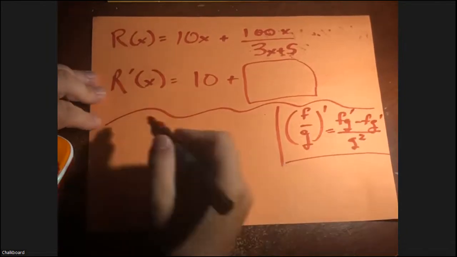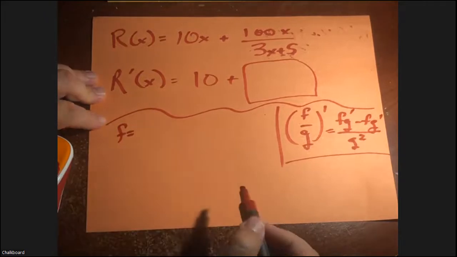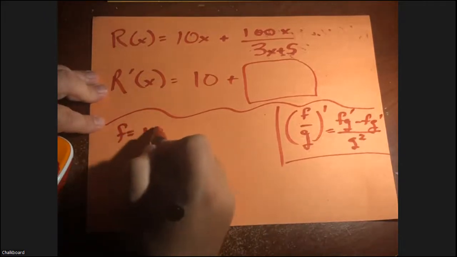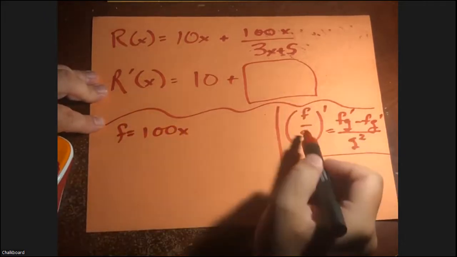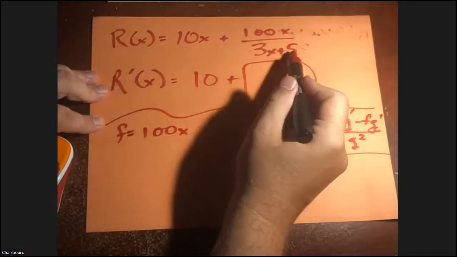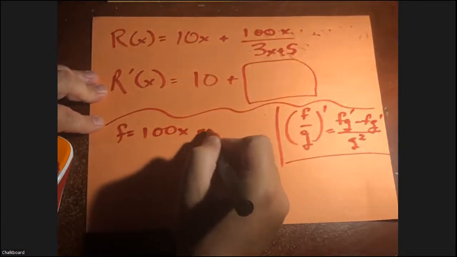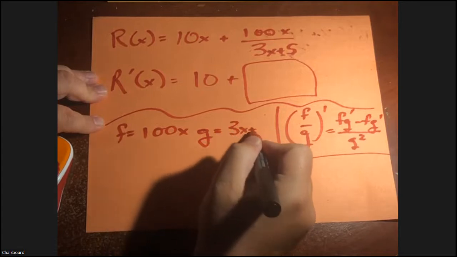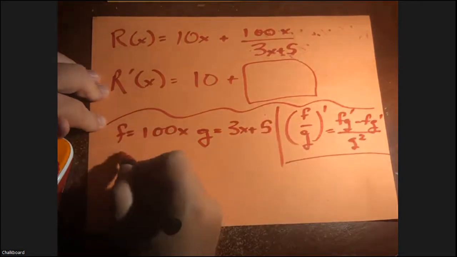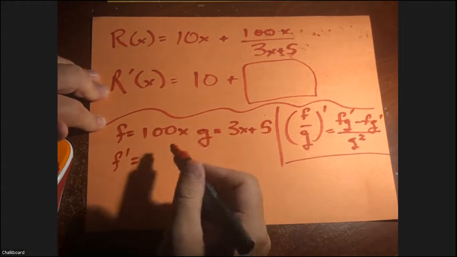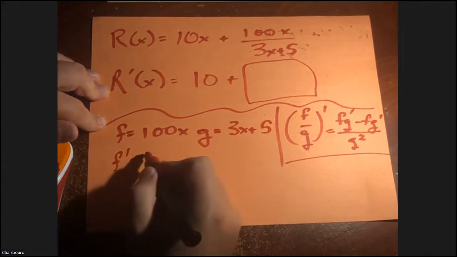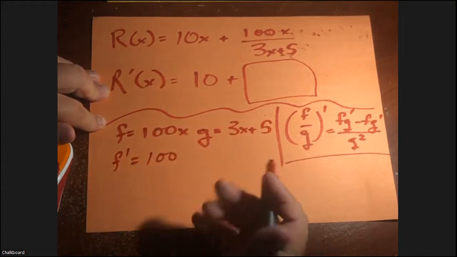So that means I need to define f. It's going to be 100x. I have to define g. It's going to be 3x plus 5. Then I need to state f prime. In the case of a constant times x, the derivative, as you might remember, is 100, the actual constant.